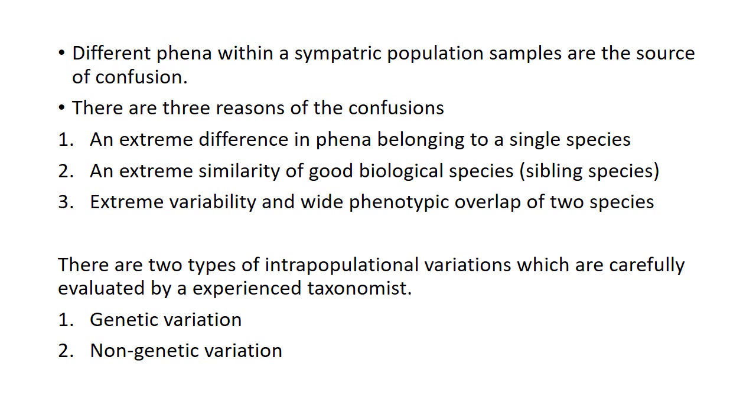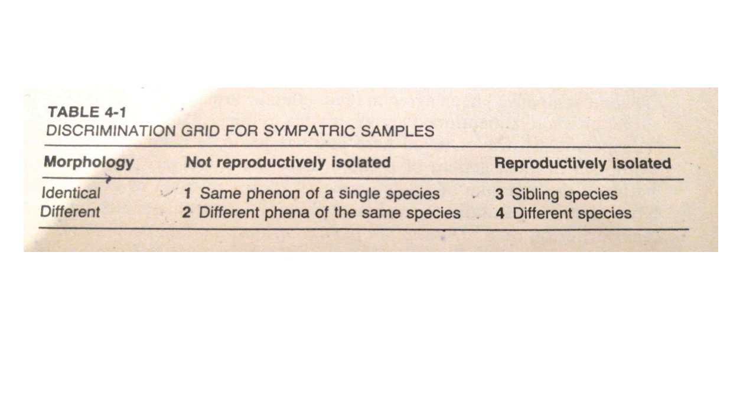Basically, there are two types of intrapopulational variations which are carefully evaluated by an experienced taxonomist. These are genetic variations and non-genetic variations. For identification purposes, we use two criteria. Number one, morphology, and number two, reproductive isolation. The members of a population may be morphologically identical, or they may be different.